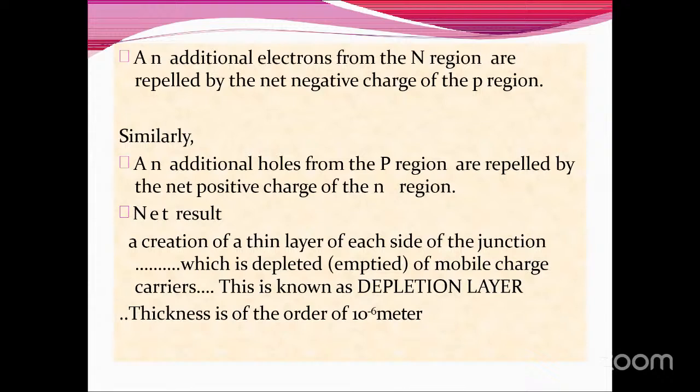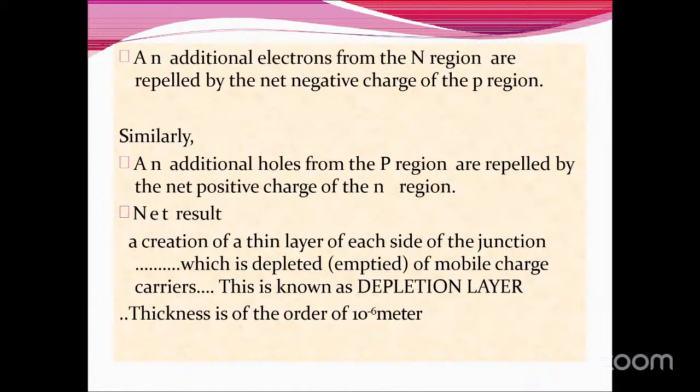So what is the net result? There is a creation of a thin layer on each side of the junction which is depleted, that is, emptied of mobile charge carriers. This is known as the depletion layer, or else the space charge region. Another name is space charge region.